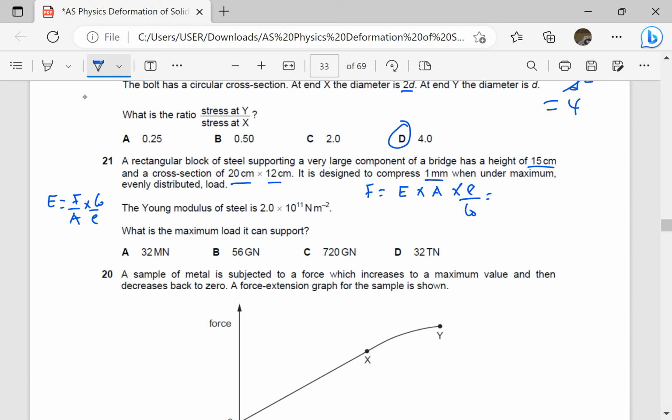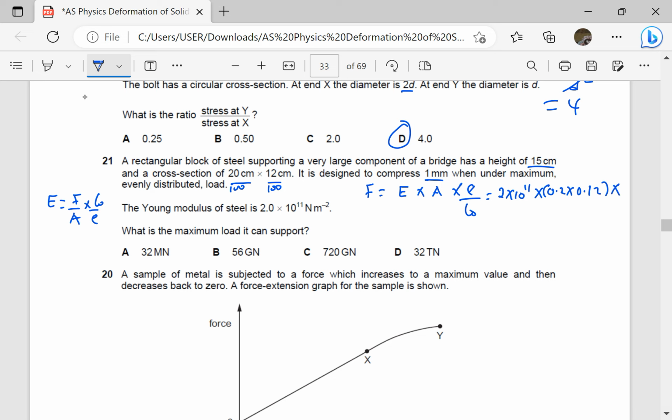The Young modulus is 2 times 10 power 11, times the cross-sectional area, which is 0.2 times 0.12 when I convert to SI units.